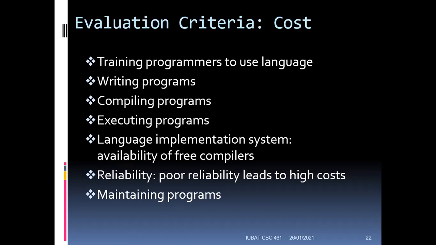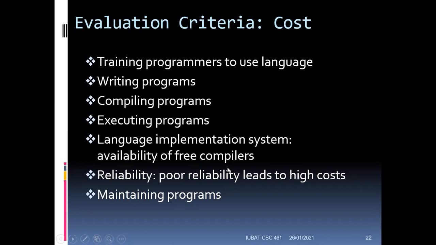The compilation process of machine code is much faster than any other programming language, because it's almost in machine code, right? So it doesn't need to be translated to machine code. But the compilation of a program in C is much higher, because each line of the code needs to be translated. So machine code wins in the compilation part, and machine code wins in the executing part. So you see, machine code is less costly. Then availability of free compilers, that's where also machine code wins.